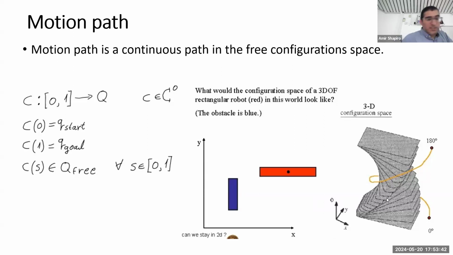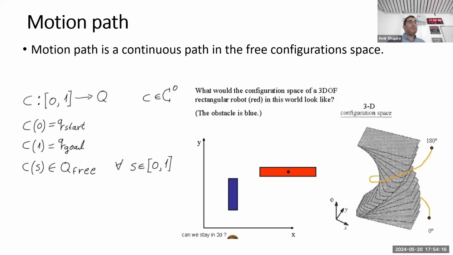And you can see here the path that starts from the start, goes around and gets to the target. This path can be mapped to the X, Y, and rotation of the orange robot to go around the blue obstacle.